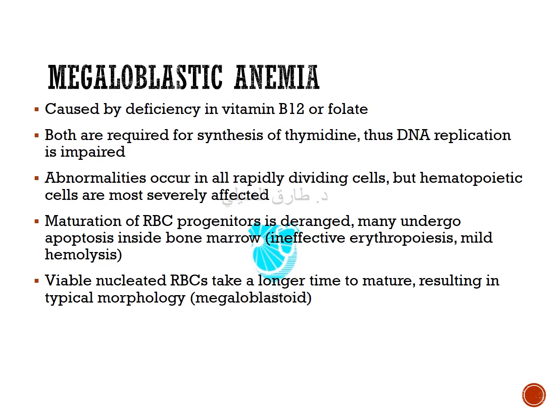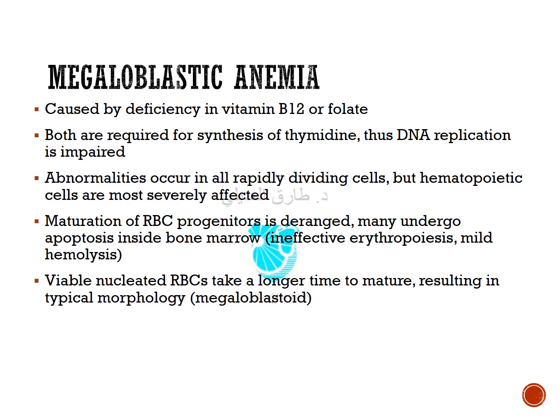The viable RBC progenitors or nucleated RBCs, if they are still viable, اللي هم عندهم the residual vitamin B12 and folate, they take a longer time to mature. Okay, they take a long time to synthesize the adequate DNA, and this will result in the typical morphology of megaloblastoid. عشان هيك they appear larger in size. هاي معنى mega, and blastoid معناها immature.